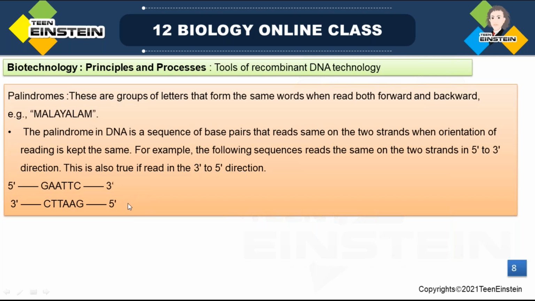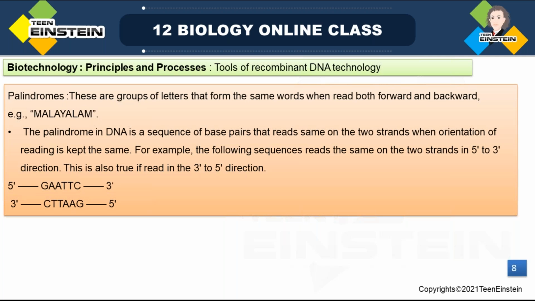So if you read the two strands, one in the 5' to 3' direction and another in the 3' to 5' direction, when the complementary strand comes, it will be like this only. That is called a palindromic sequence in DNA.